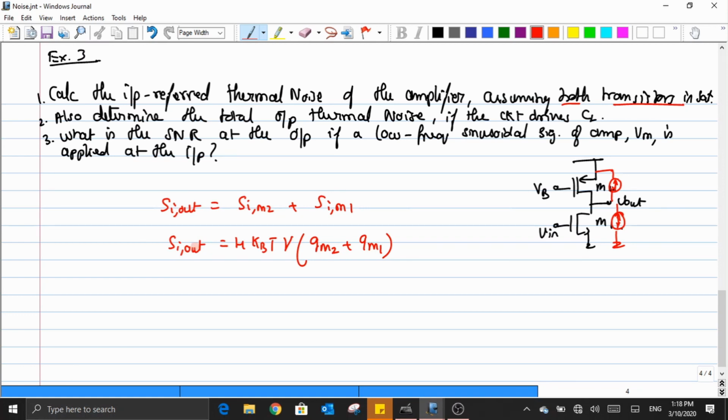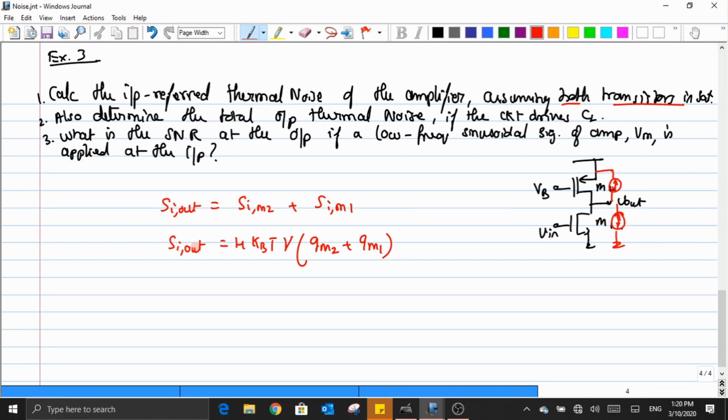So what is the power spectral density at the input? How will I convert them? So what is the transfer function from the output current to the input voltage? How will you convert? gm, right? So it is 1 upon gm transfer function. From the output we want to convert to an input. 1 by gm.